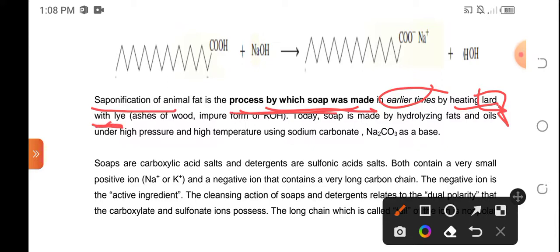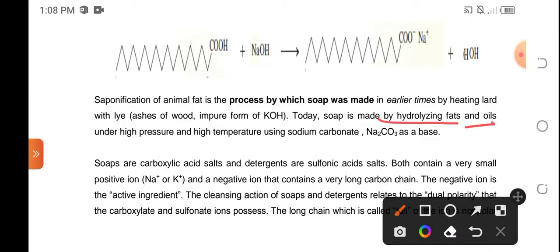And the lye is eventually present in the ashes of wood, or an impure form of potassium hydroxide. But today, hindi na ganun ang paggawa ng soap. Rather, they are going to hydrolyze the fat or the oils using high pressure and high temperature and a chemical known as sodium carbonate as a base.